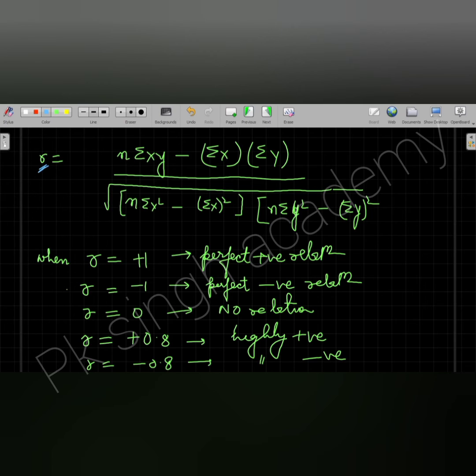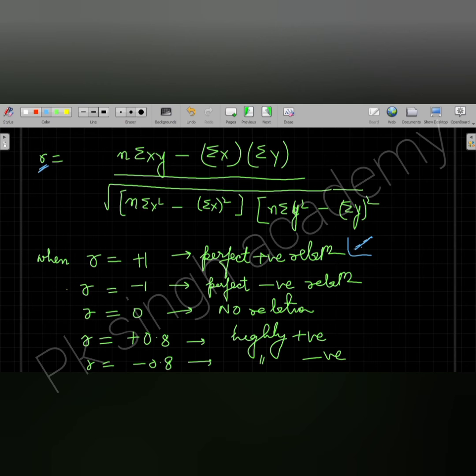The first point is if r is equal to +1, we will say it is a perfect positive relation, because the graph will be positive and it will be on the line.